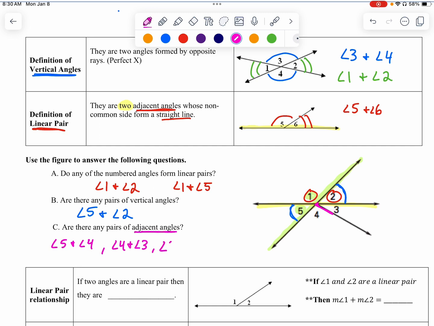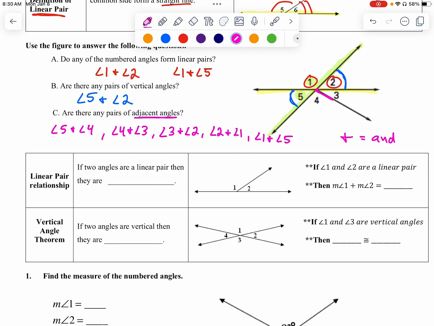So all these angles that are touching, like angle 3 and angle 2, those are adjacent. Angle 2 and angle 1. Angle 1 and angle 5. This little symbol that I draw means and. So all these angles that share a side and a vertex are going to be adjacent angles.